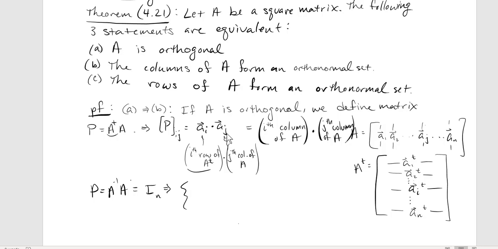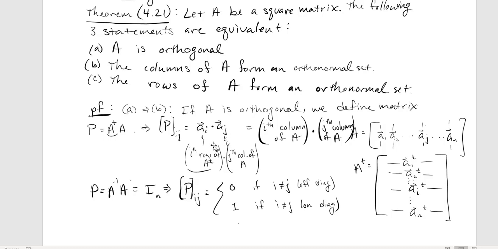Since we know what the identity looks like, this means that Pij, the ijth element of P, equals 0 if i isn't j, so we're not in the same row as column. That means we're not on the main diagonal, or 1 if i equals j, if we are on the main diagonal.